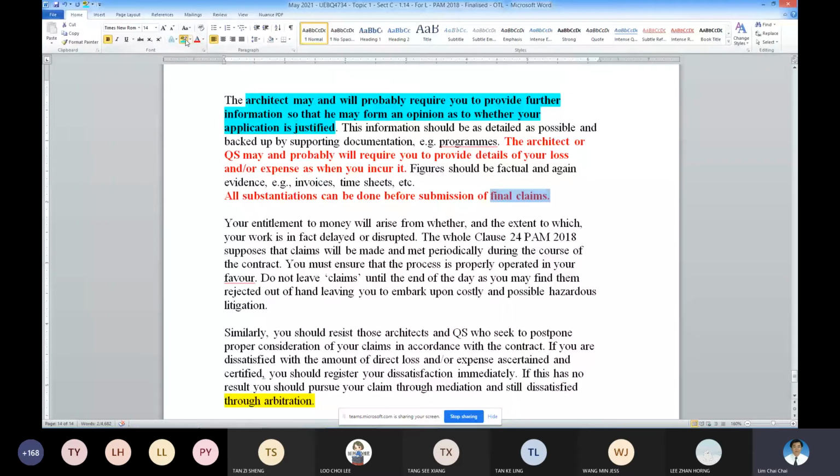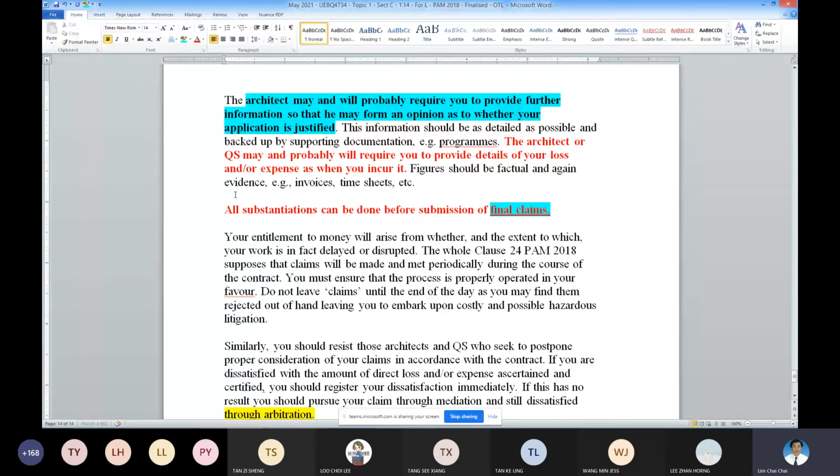If you delay, there's a possibility the last boat to catch or last train to catch is before the final submission. It is not so good to wait until this date. It is because of the time frame given to you within 28 days. Okay, so please try to adhere to the 28 days. But if the event, the details are not available yet because of certain issues here and there, then it can be dragged on until this is the worst time frame.